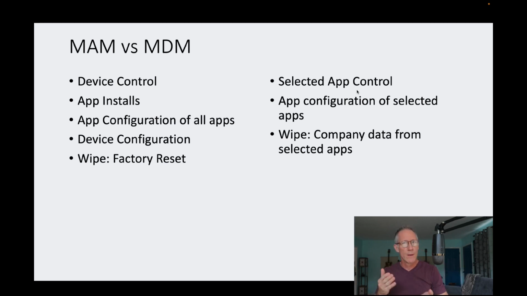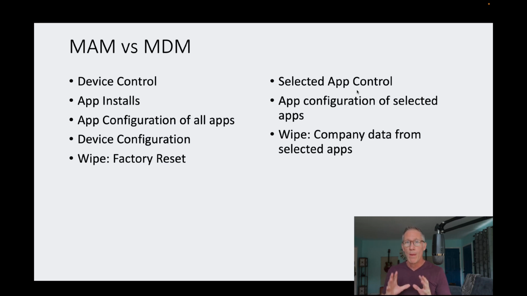We can configure the device or install apps onto the device, configure those apps, configure email profiles, do Wi-Fi profiles, VPN, really just about anything, including doing a factory reset of the device, the whole device, complete wipe of the device.